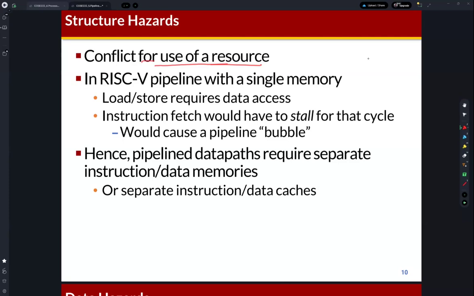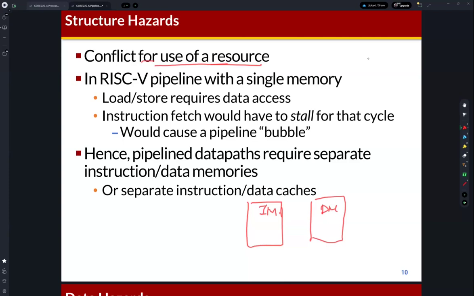So, when we learned about the single cycle processor design, we learned that a single cycle CPU includes two memories, the instruction memory and data memory, right? But in chapter 2, we learned that actually the instructions and data are stored in the single memory space, right?